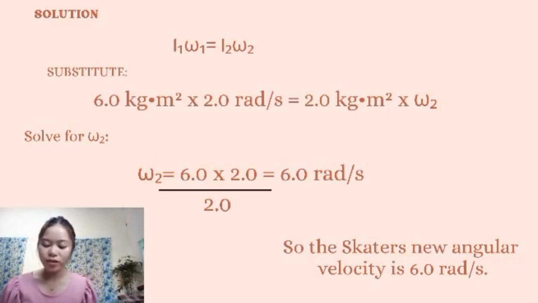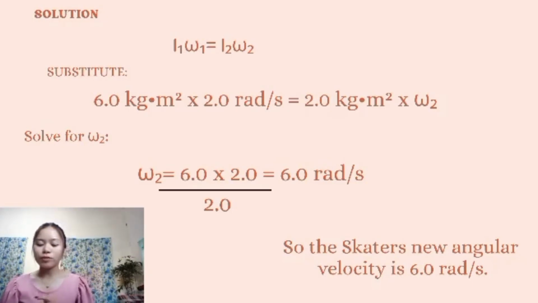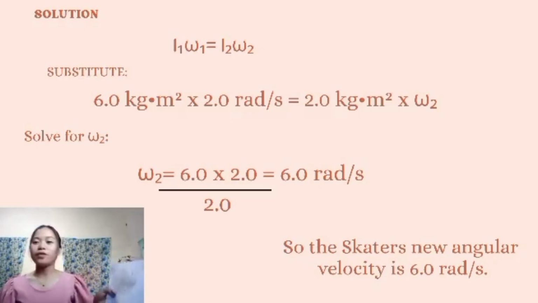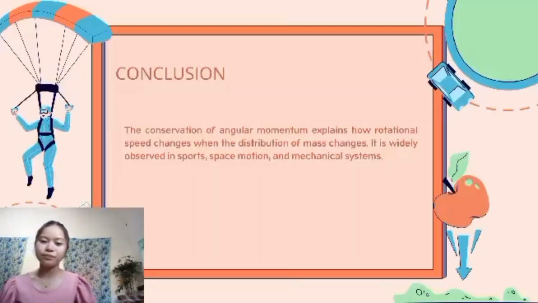So 6.0 times 2.0 divided by 2.0. 6.0 times 2.0 equals 12. Then we divide by 2.0, so it equals 6.0 radians per second. So the skater's new angular velocity is 6.0 radians per second.